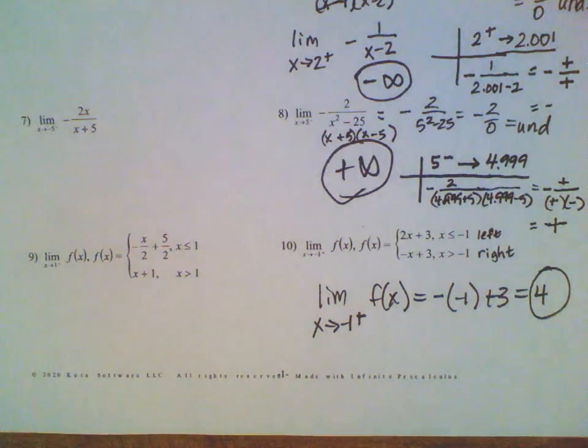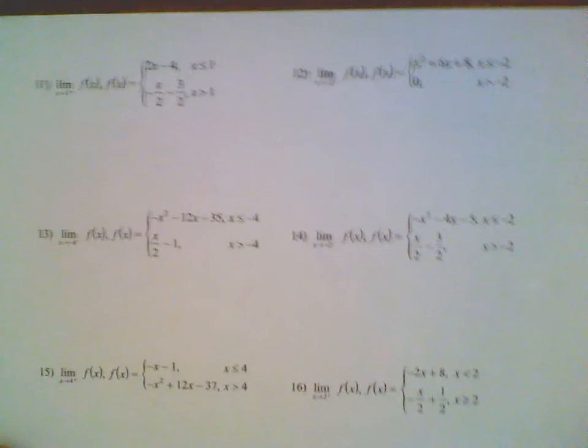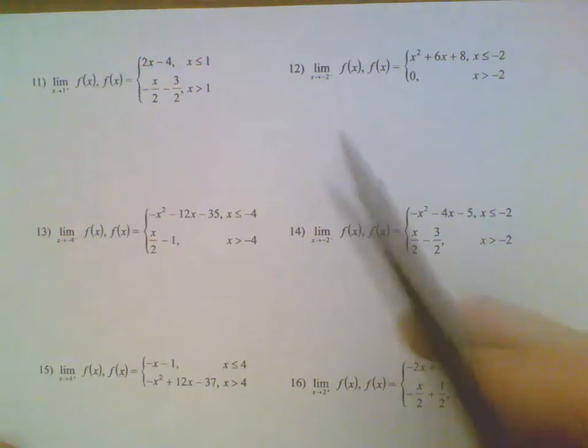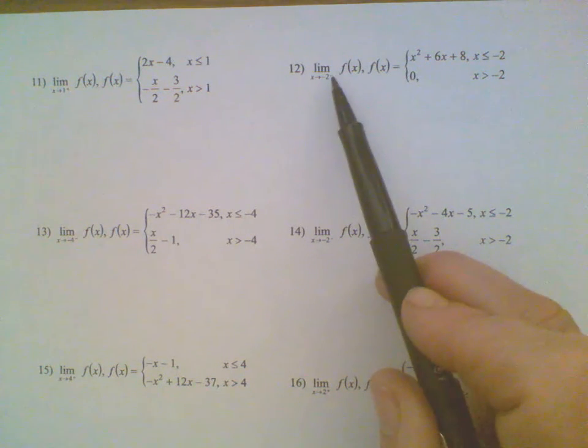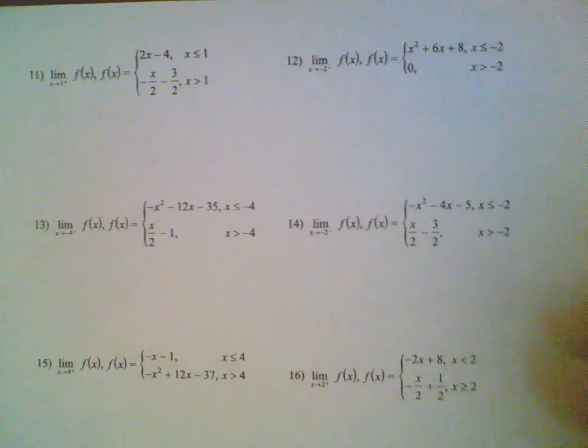Okay, so let's see another one of those. This one I am doing on problem number 12. I'm going to be approaching -2 from the left. That's a little minus going on there, so I'm only interested in the left-hand portion.